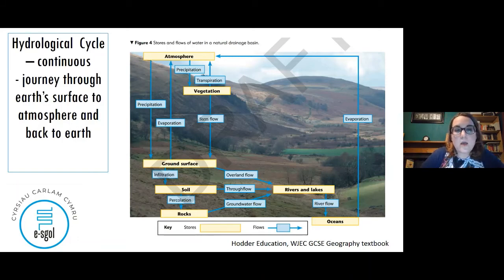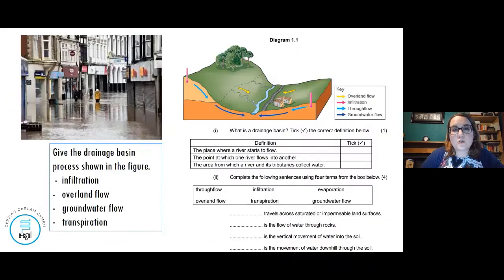So let's take a look at a couple of questions that you might be asked on an exam paper about the hydrological cycle. The first question: you may be given an image and you need to give the drainage basin process that's shown in the figure. You need to choose either infiltration, overland flow, groundwater flow, or transpiration.